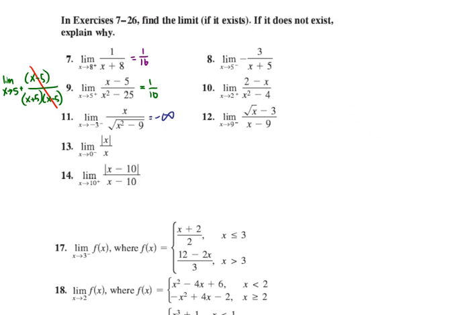With number 13, we have this absolute value of x over x, which you should begin to identify. And we want to find the limit of that as x approaches 0 from the left.